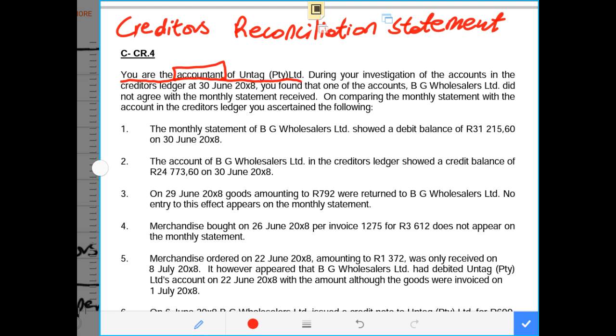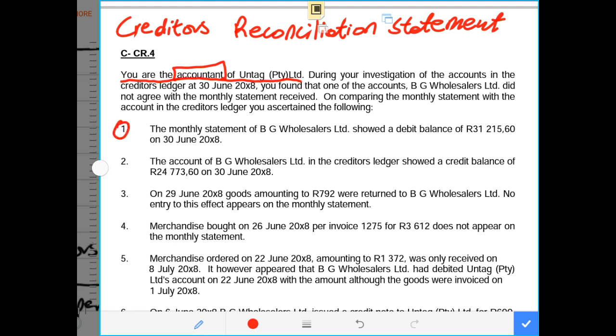And on comparing the monthly statements with the accounts in the creditors ledger, you ascertained the following. So there is an imbalance between the ledger account, which is the creditors ledger of BG Wholesalers, and the statement received from this creditor named BG Wholesalers.